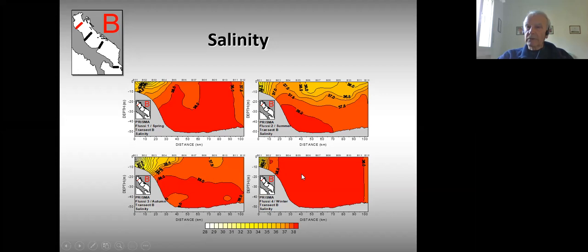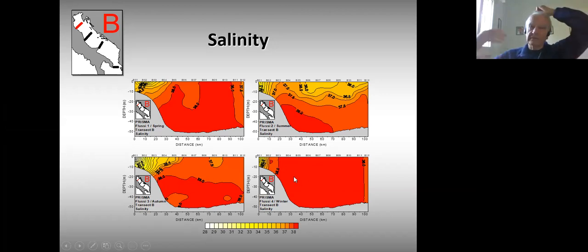If you go to winter, then the whole open sea area becomes vertically mixed. Everything is mixed because of the mechanical mixing due to the wind influence, and due to the loss of heat in the surface layer. But still, in all these seasons, the signal associated with the river runoff remains.